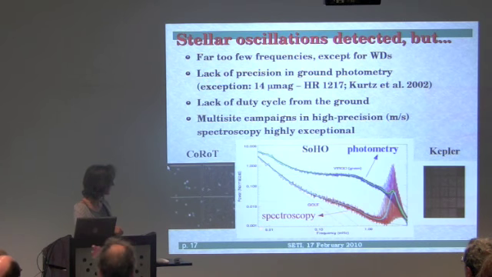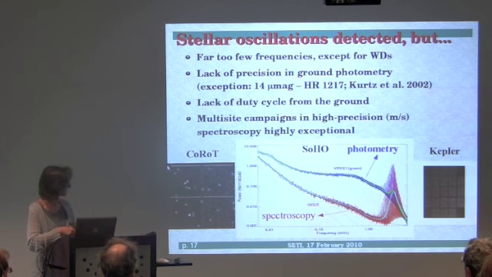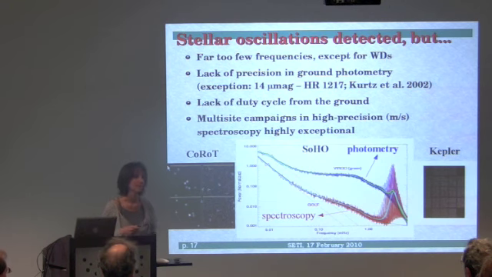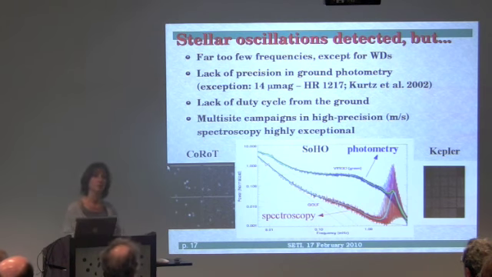This is the sun again, frequency, power, and the red part is the spectroscopy experiment, the blue one, a photometry experiment, and you can see why the spectroscopy would be better, because the oscillation signature of the sun, which you see here, is much better in signal to noise in spectroscopy compared to photometry. It's still beautiful in photometry, but you can gain a lot from spectroscopy, and that's why ground-based efforts are still worthwhile.